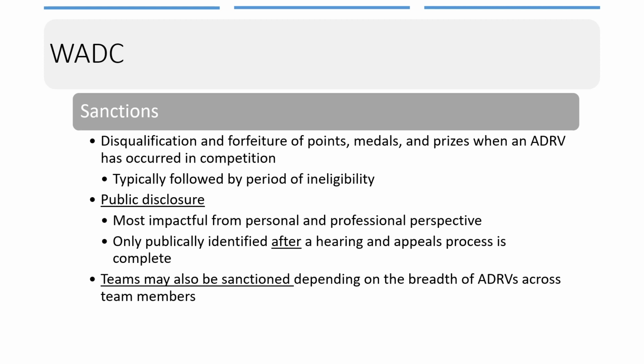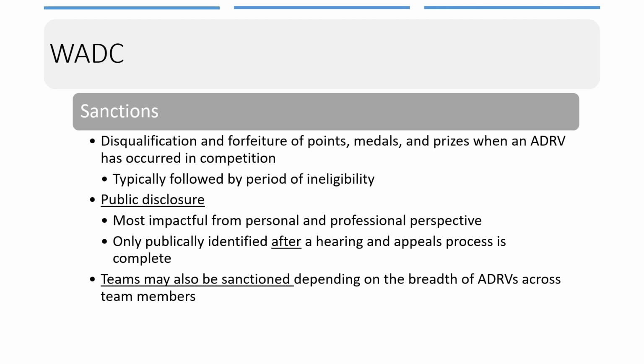Disqualification is typically followed by a period of ineligibility during which the athlete is barred from participating in further competitions. The public disclosure of violations is particularly impactful from both personal and professional perspectives. Athletes are publicly identified only after the conclusion of a formal hearing and any appeal process.